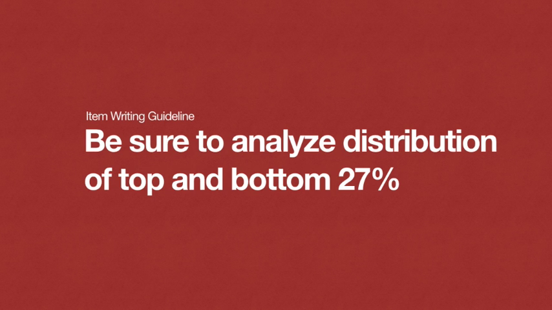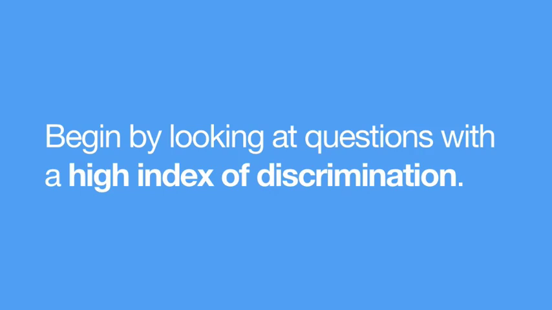The next thing we'll talk about lets us lean just a little bit on item discrimination. When we're looking at a report, it's a good thing to look at the response distribution of your top and bottom 27% separately, but specifically the bottom 27%. When we break out the responses of this group, it does give us some insight on how those students are choosing between the alternatives.